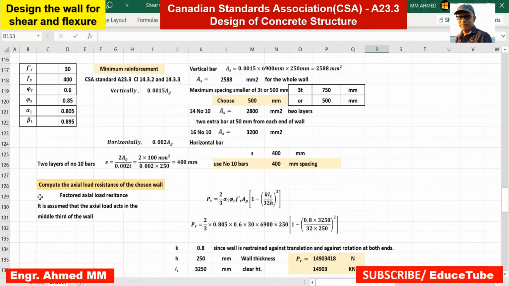Now let's go for axial load resistance of the chosen wall. According to empirical methods, factored axial load resistance can be determined based on this equation.